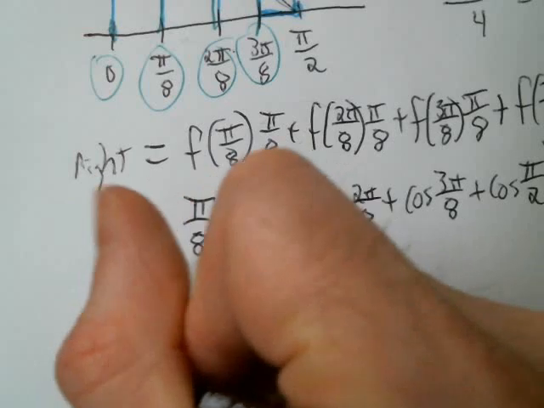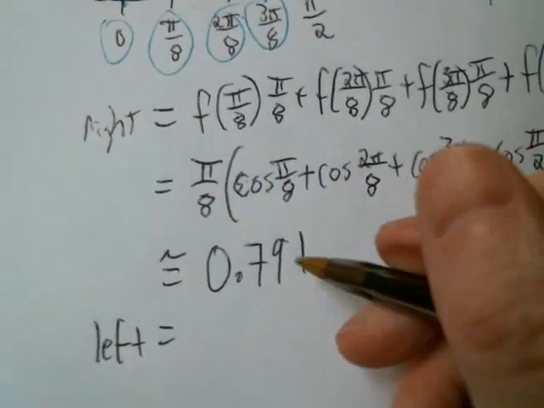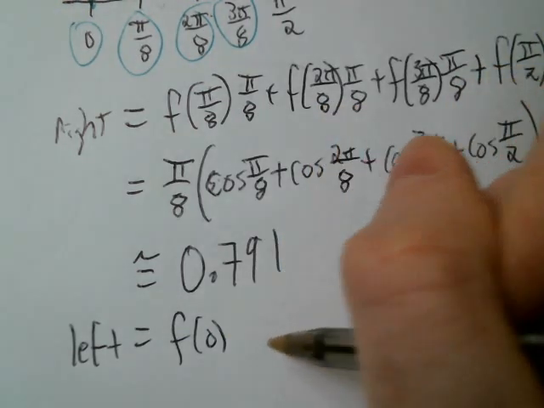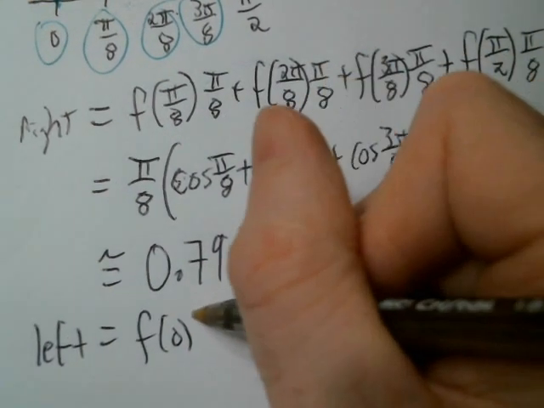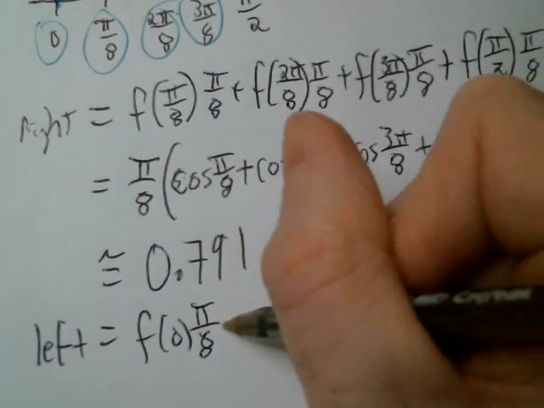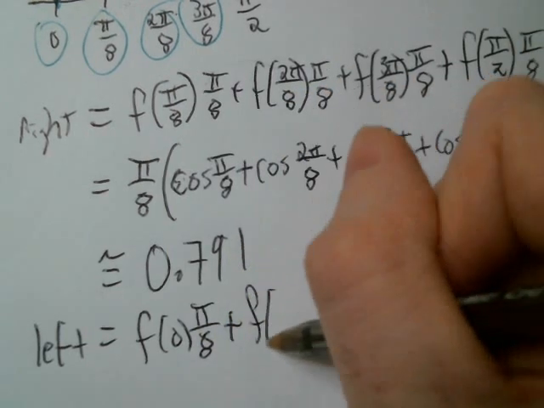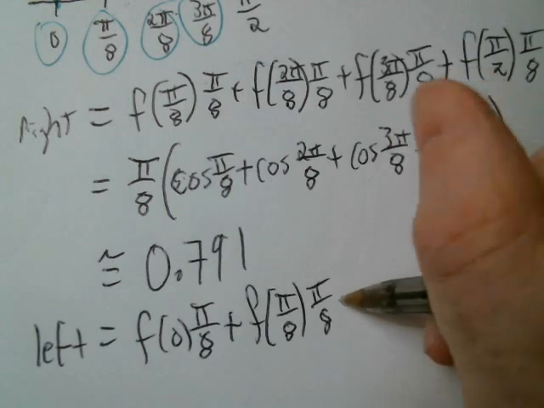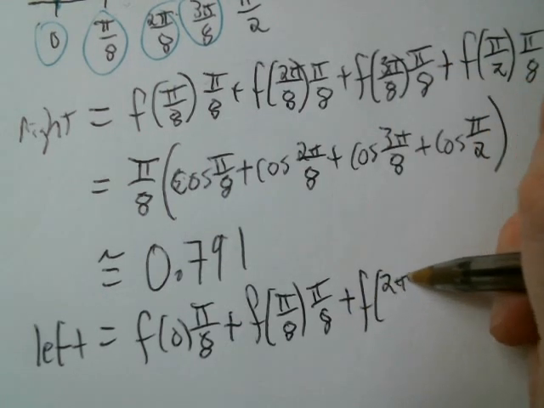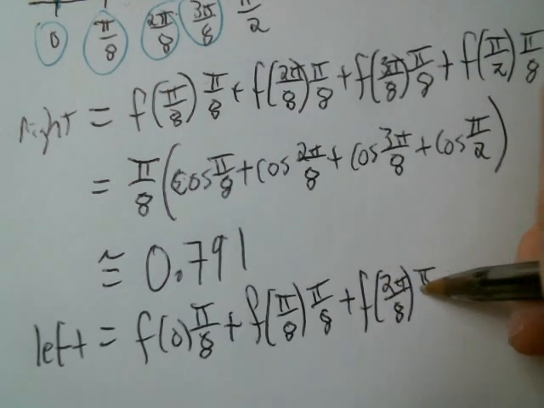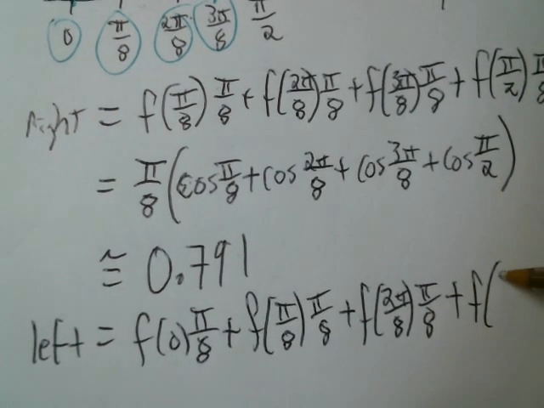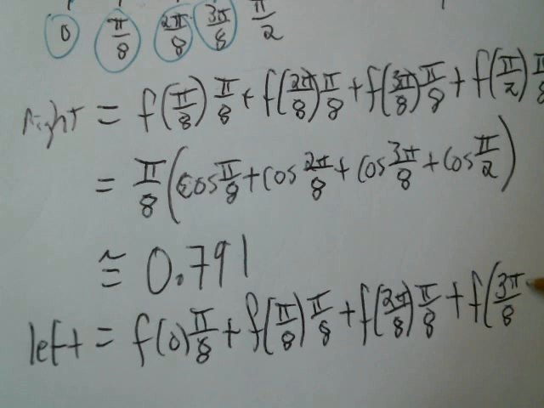So your left sum is going to be f of 0 times pi over 8. Let's just put the pi over 8 in there. Okay, and then plus f of pi over 8 times pi over 8 plus f of 2 pi over 8 times pi over 8 plus f of 3 pi over 8 times pi over 8.